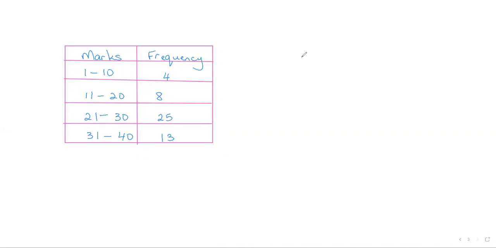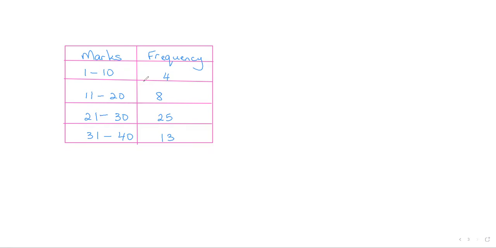All right, so in a frequency table, right? We have ones where you might just have a fixed mark or fixed variable, right? So it might just be one number like 0, 1, 2, 3, 4, and so on. And then there are ones where it's like a group, right?